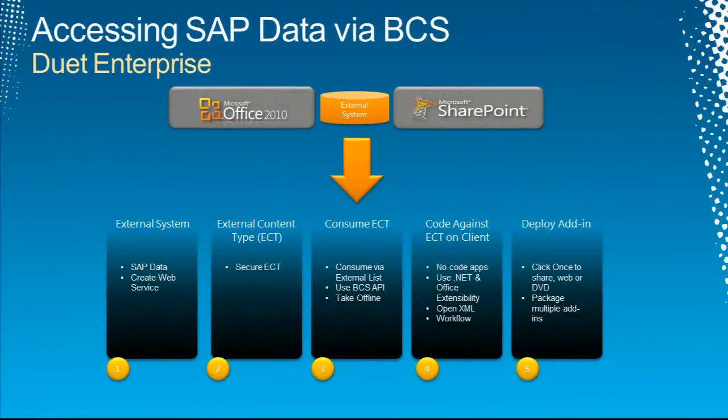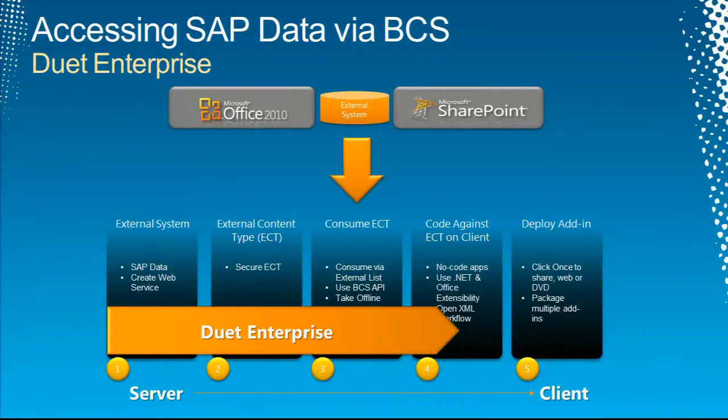Now, what's the difference here? We've gone through this slide once before. The biggest difference in what you don't have to do is that you don't have to do all of that upfront stuff. From a developer's perspective, you simply can pick up on where you want to build out maybe some new ECTs, okay?